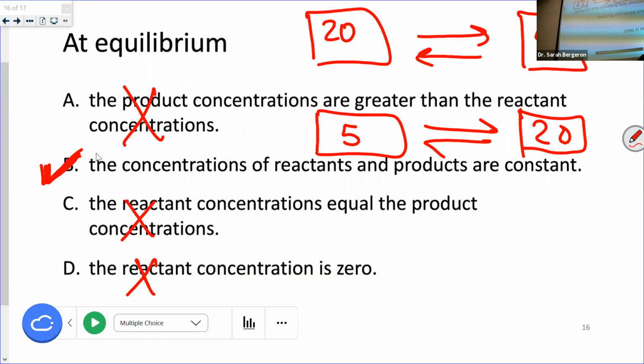Two different things. So at equilibrium, the rates will be equal, right? But the concentrations are going to remain constant. They're not going to be equal, but they're going to be constant. So try and study that if that one kind of got you.